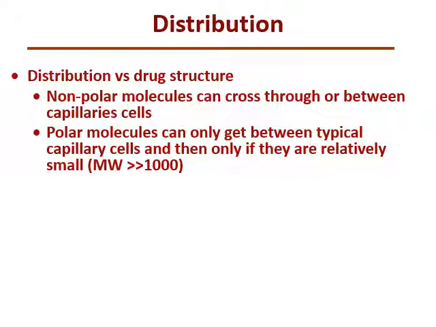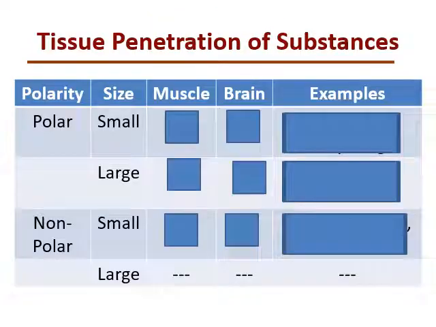Now, I show here molecular weight greater than 1,000 is when you cannot get through a capillary cell. So most drugs have molecular weights in the 500 to 1,000 range, and they are the small molecules that can get in between capillary cells.